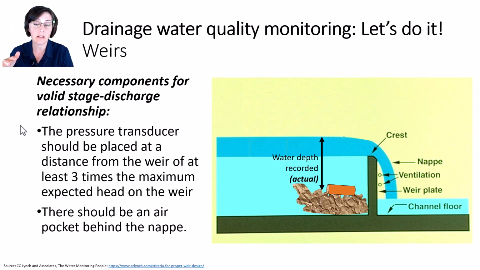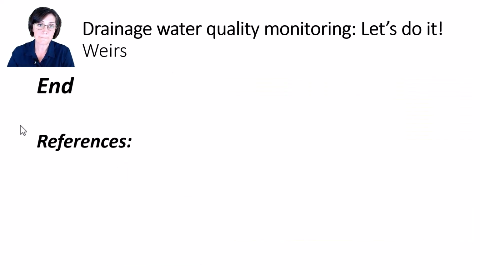That's because these calculations are all relative. It's the total water depth logged minus the weir height, so the exact placement of the sensor behind the weir is critical. See you next time.